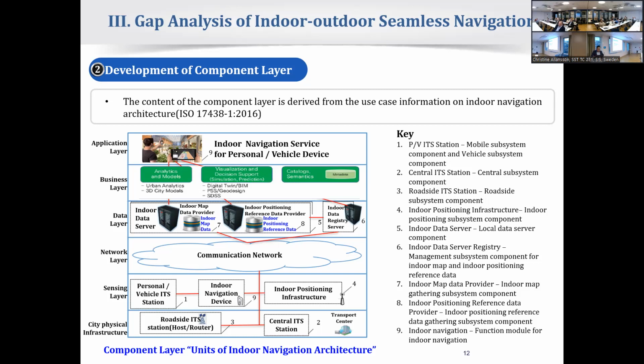For example, number one down there, lower left-hand corner, personal and vehicle ITS station part. There's an ITS station mobile subsystem component and vehicle subsystem component. So there are several components in those layers that need to be mapped.